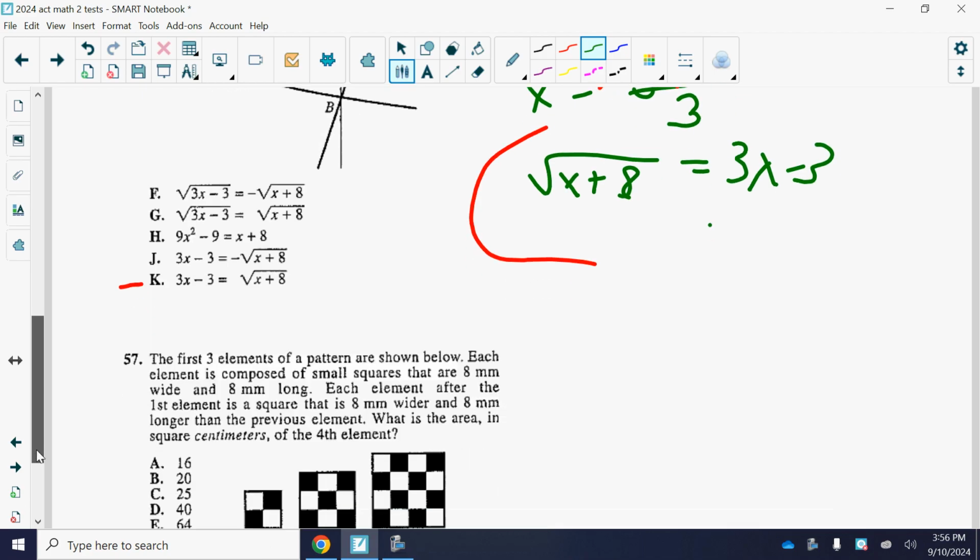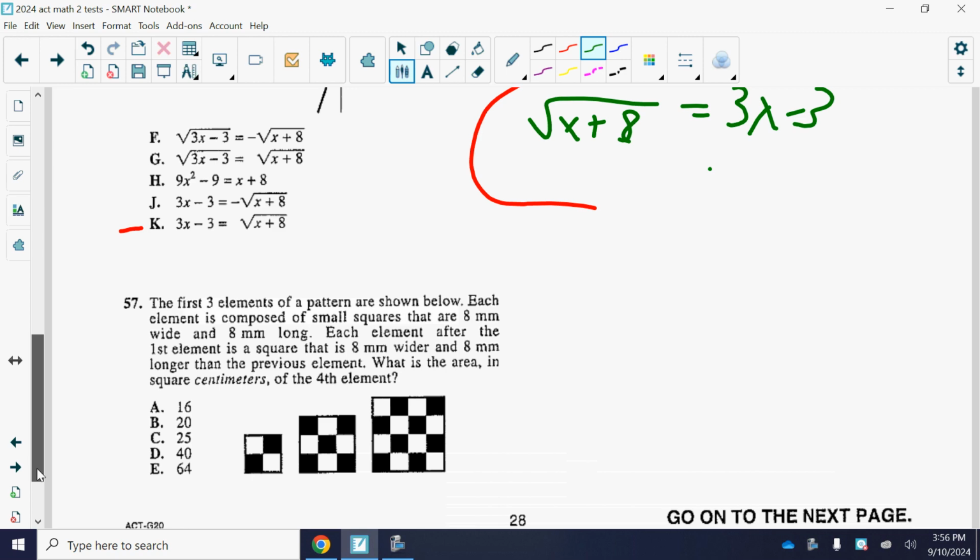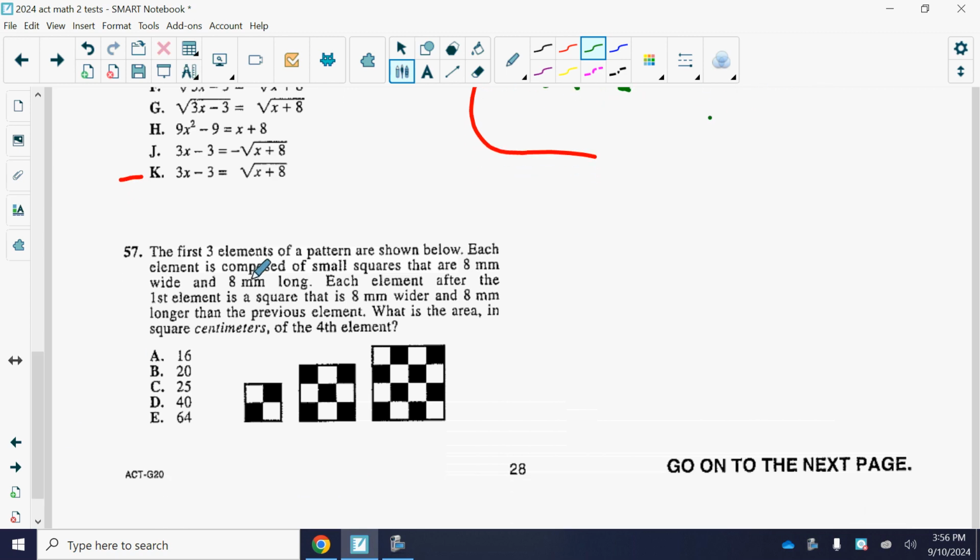Just setting them equal. The first three elements are a pattern. Each element is small squares that are 8 millimeters wide. What is the area of the fourth element? Each one is 8, so this one is 32 by 32.